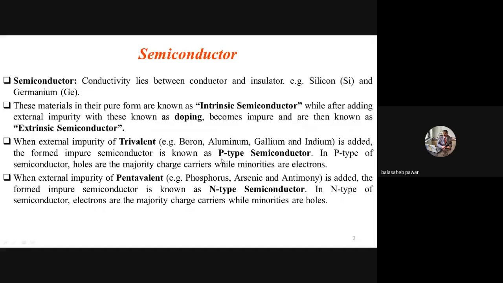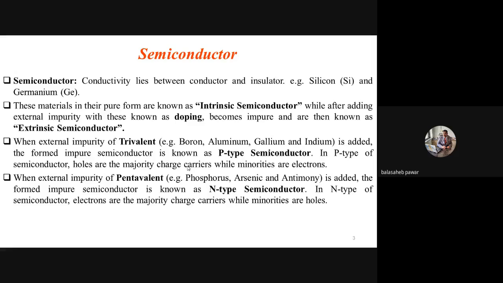In such a semiconductor, holes, the positive charge carriers, are the majority charge carriers. Don't say that in p-type semiconductor there are no electrons. A very small number of electrons are also available after doping with trivalent impurity.